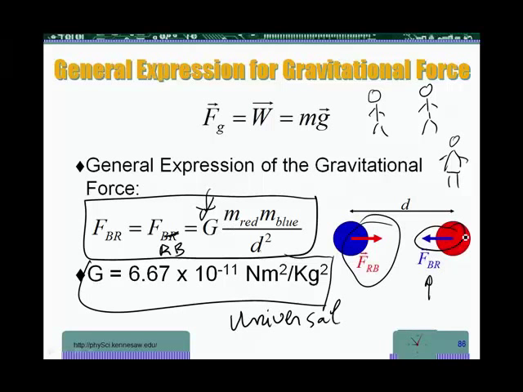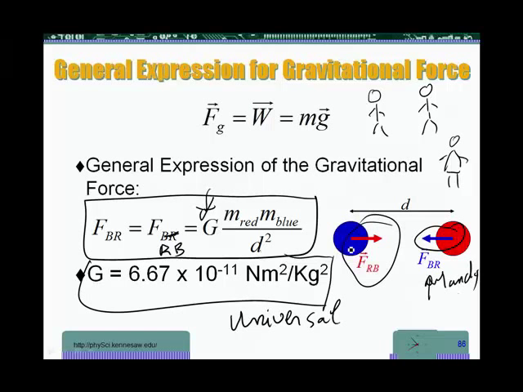Now, if we take one of you, for example, in the class, I'm going to throw in a name of one of you, let's say Mandy here, as the red mass. Now, Mandy is going to be attracted to any mass in the universe. That's what that means. It means that Mandy is actually attracted to the moon.